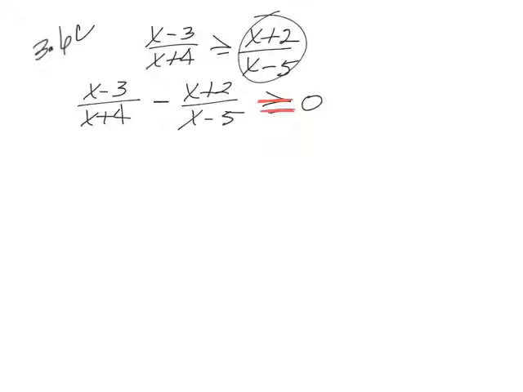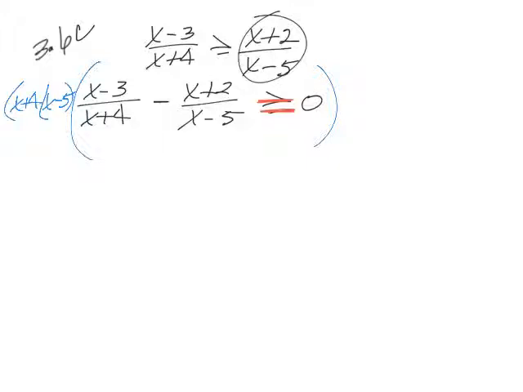Alright, and so if you remember, the way I do this is because I have an equal sign, I can multiply the entire thing by the common denominator, x plus 4 and x minus 5. I'm multiplying everything by that denominator.